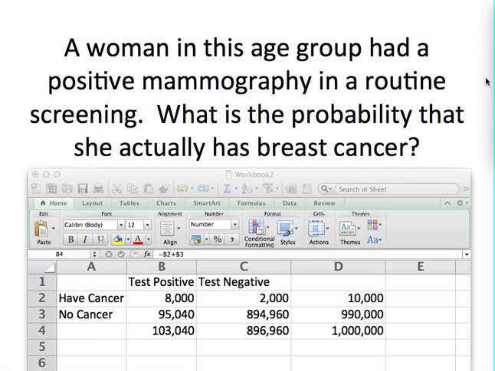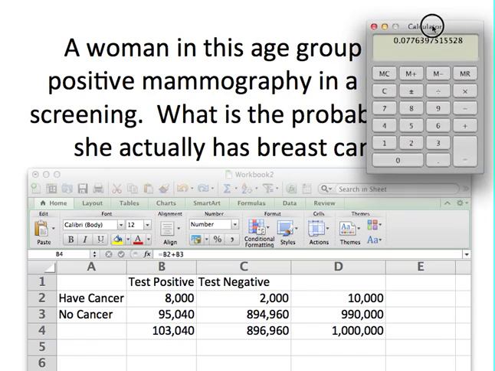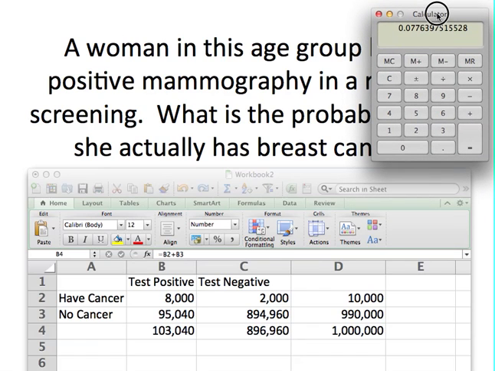But basically, that's our answer right there. Given that a woman has a positive result for breast cancer from a mammography, only about 8% of the time will that woman actually have breast cancer, and the other 92% of the time, she does not have it.